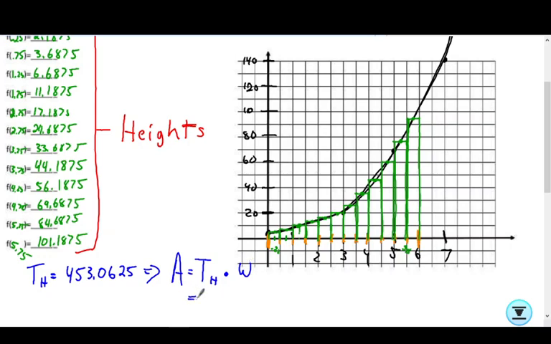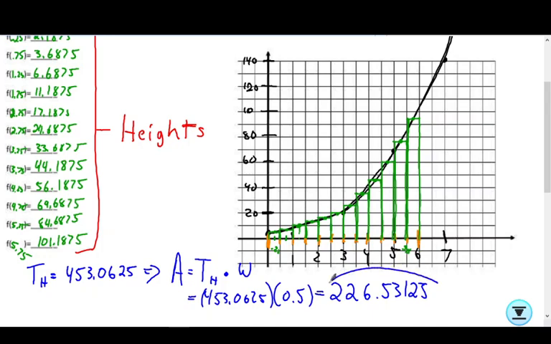In this case, my width is a constant 0.5. So when I multiply 453.0625 times 0.5, I get 226.53125, and that's my answer.